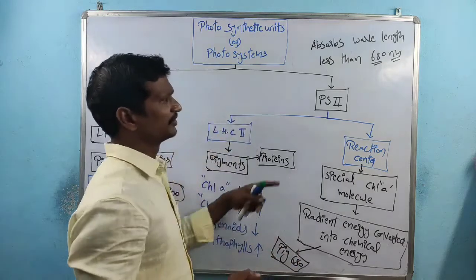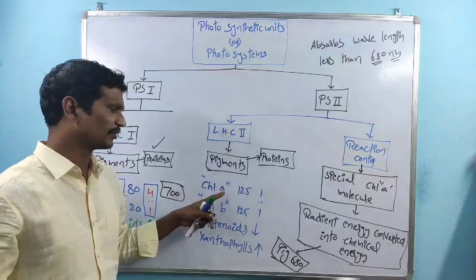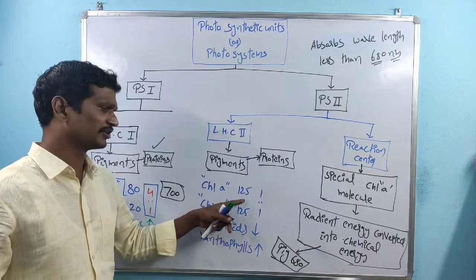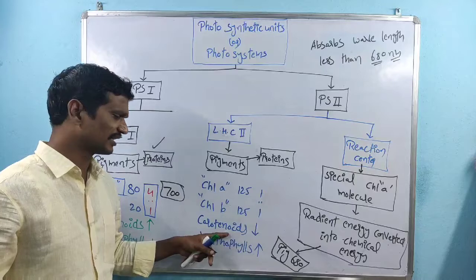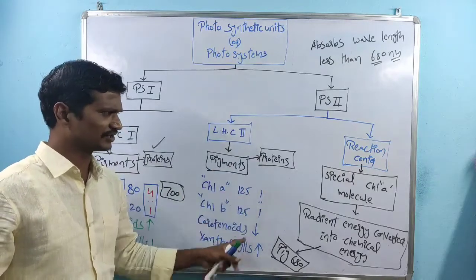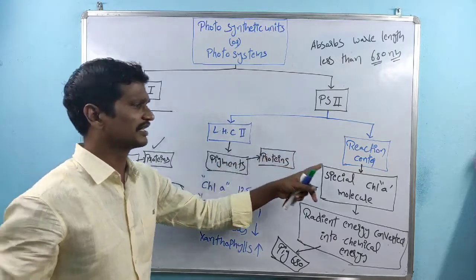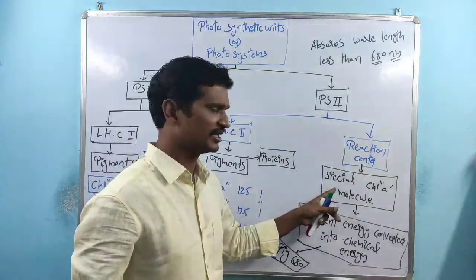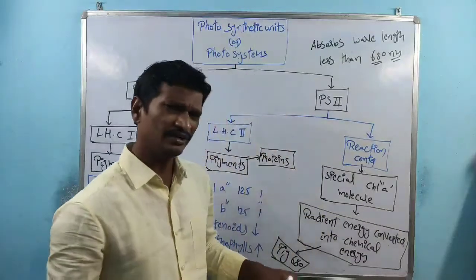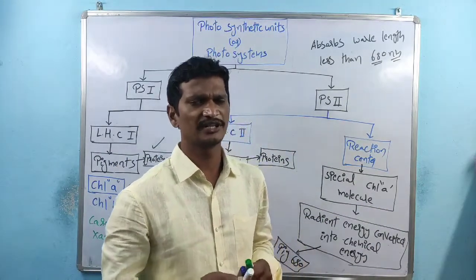So within PS2 there is an LHC2 and pigments are there, 125 chlorophyll A and 125 chlorophyll B, right? 1:1 ratio. Carotenoids are fewer and more xanthophylls are present, and along with these structures proteins are also present. This is about LHC2 and the reaction center, with special chlorophyll A molecules involved in converting radiant energy into chemical energy.